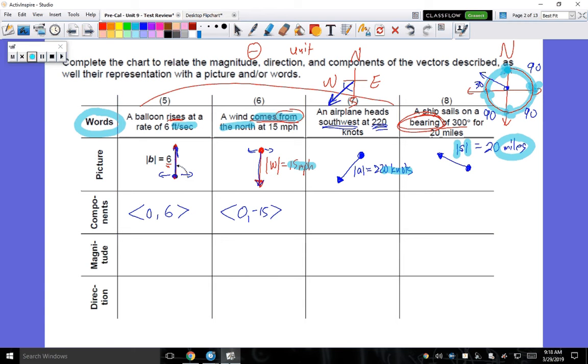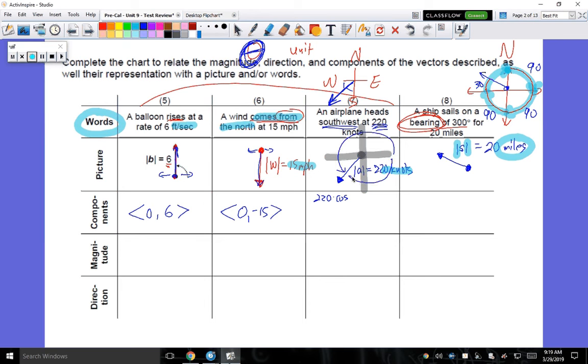And then now we have 220 traveling at this direction as far as in this quadrant 3, this 45-45 split. So how are we going to get the components here? Well, we're going to go 220 times the cosine. In this case, we have to find what that angle is. So again, we've been saying this unit, the world revolves around you. So there, at the dot, is where you're at. And if I were to say, what is the rectangular angle, not the bearing, but the rectangular angle, it means if this is 0, how many degrees does it take to get there?